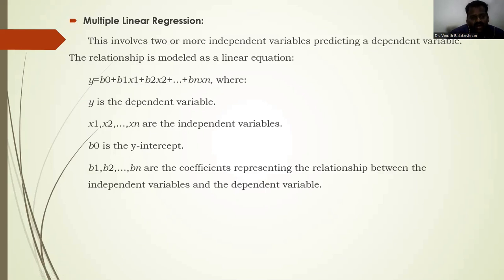In this model, we have used two or more independent variables. This is actually the general model. We can use two independent variables, a bivariate model, or three, a trivariate regression model, or a multivariate regression model.